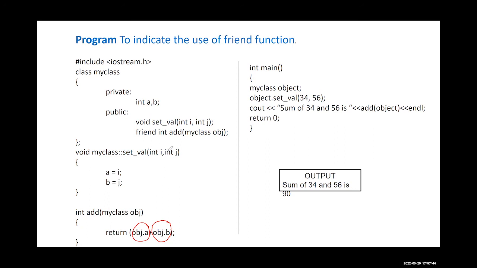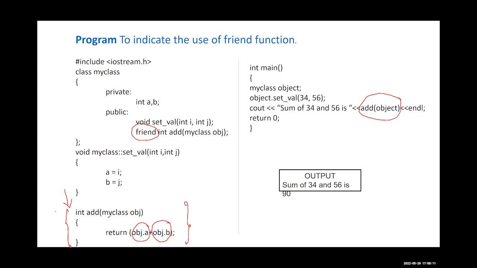So the key point here is, you need to remember a friend function is a normal function which is always defined outside the class, but during the declaration we are going to declare it with the friend keyword. While defining it, we are not going to use any prefixes, that is, neither scope resolution nor the friend keyword. In the main function, we call it like a normal function without any object.